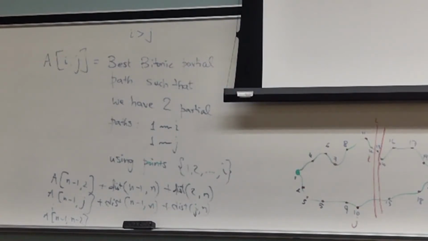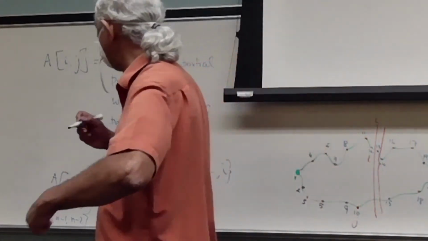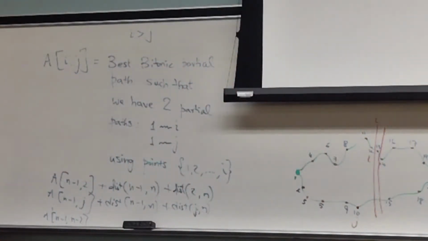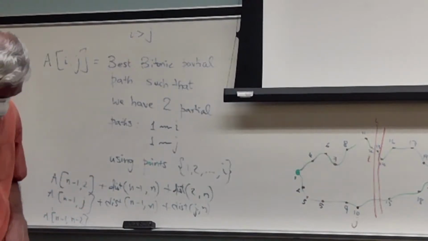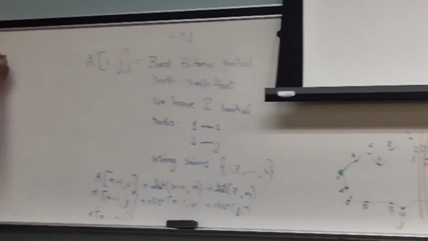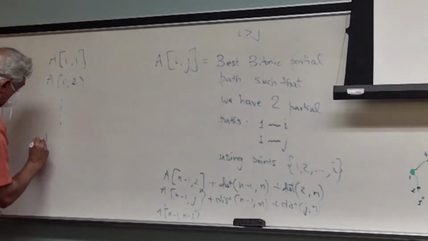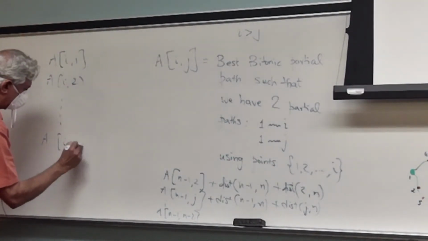So I have already solved a of I comma j. I have all of these solved. I have a of I comma 1, a of I comma 2, all the way up to a of I comma I minus 1.